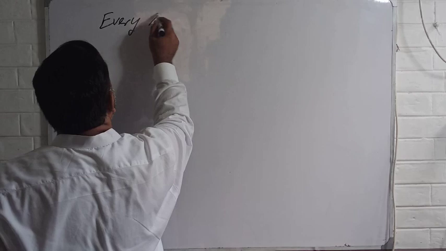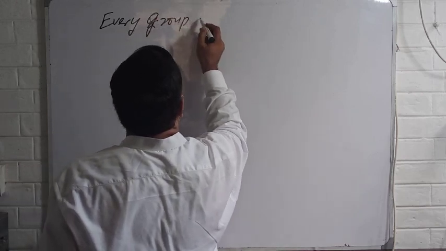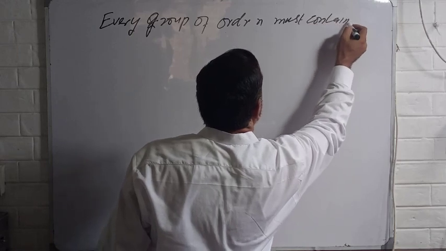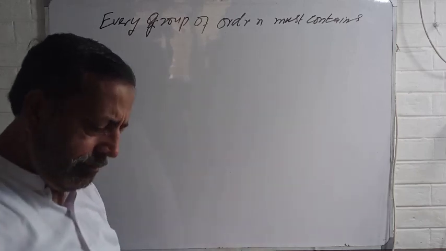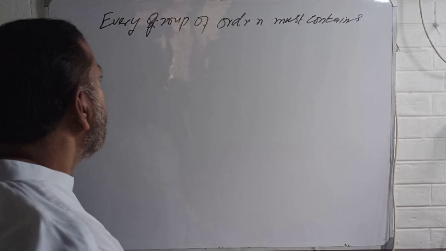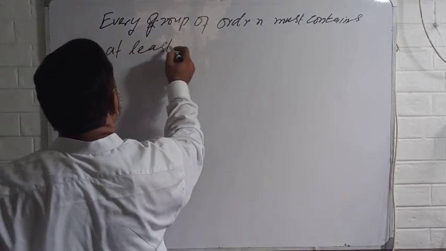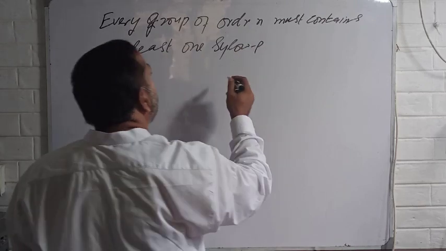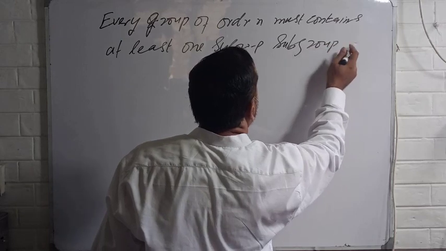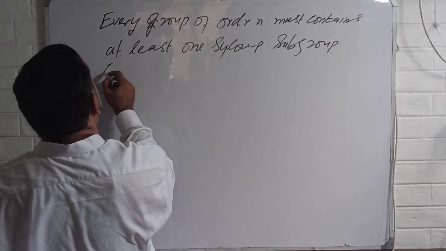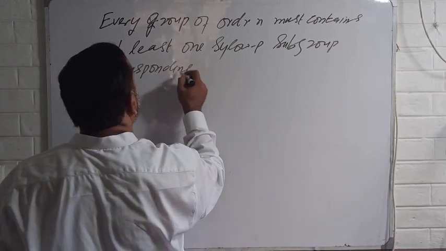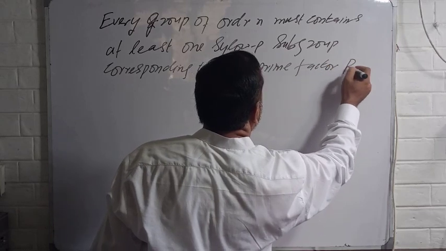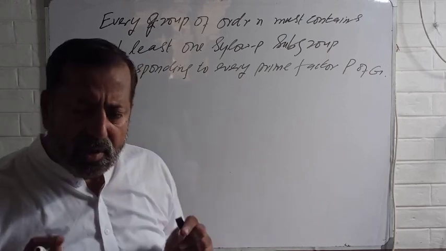Every group of order n must contain at least one Sylow-p subgroup corresponding to every prime factor P of the order of G. Okay, this is the clearer version, right?